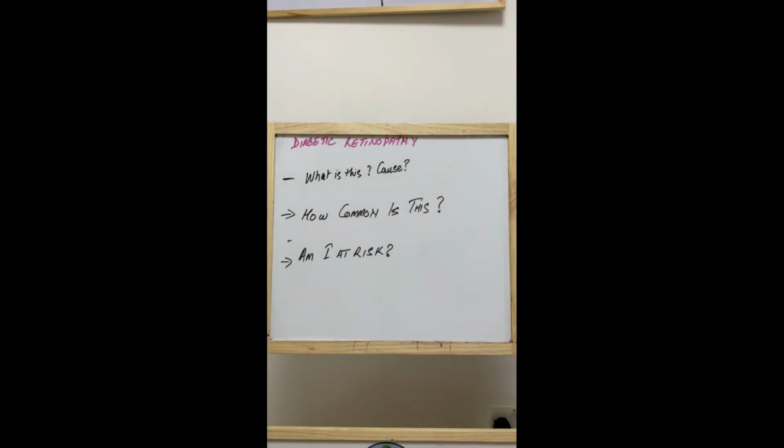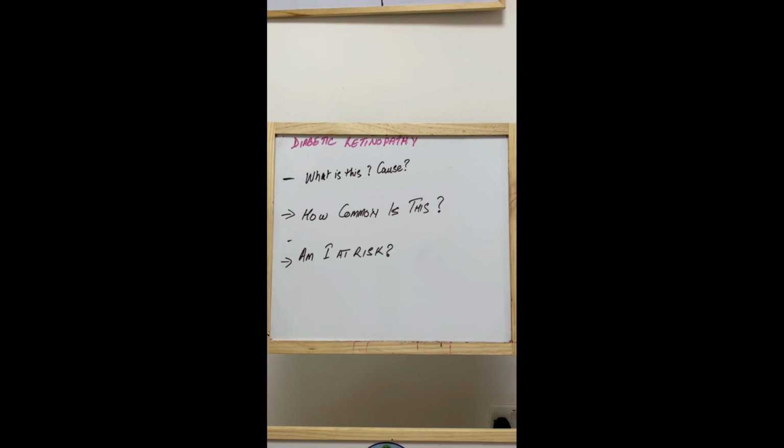So what is this diabetic retinopathy? What is the cause? Basically, this structure called the retina at the back of the eye has a rich supply of blood vessels, which gets damaged if your blood sugar readings or your blood pressure are persistently high.